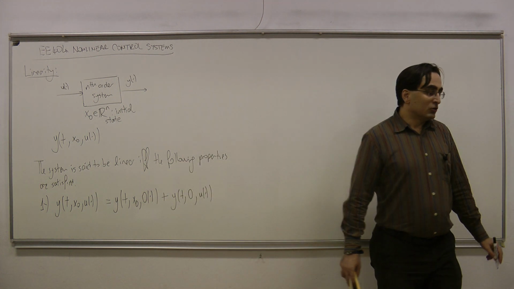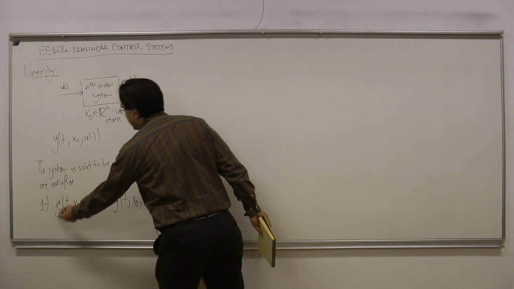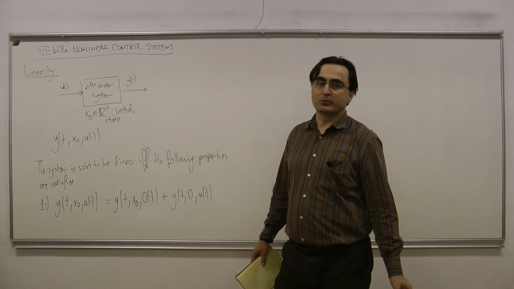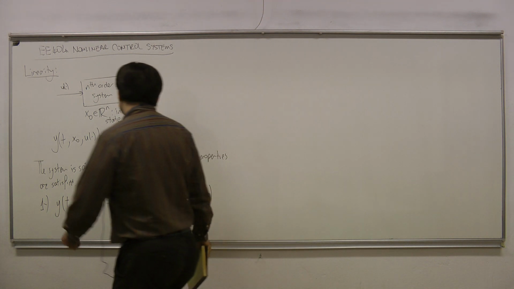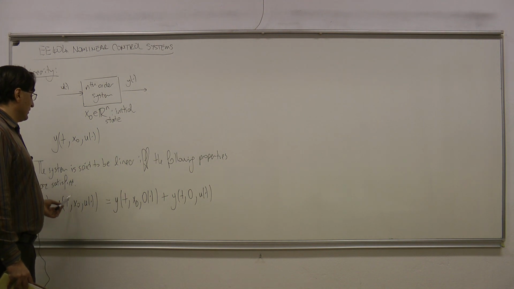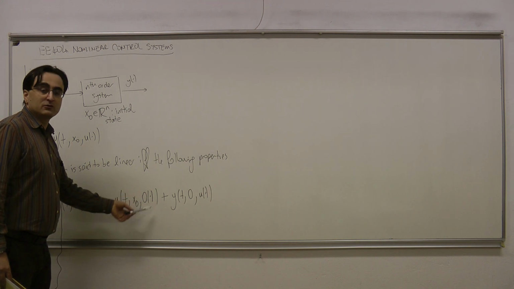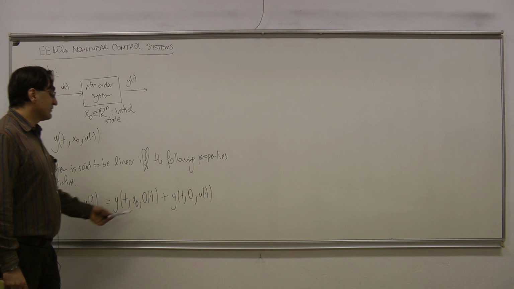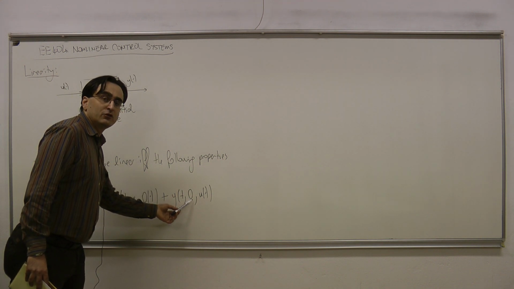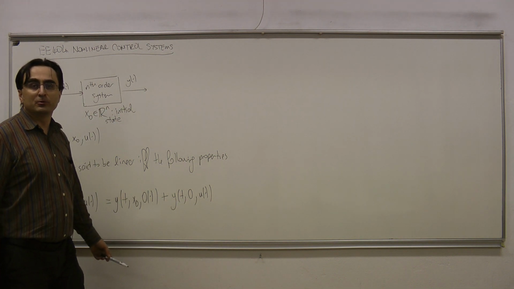So you see that I have written an arbitrary output of this function as the sum of two individual outputs. The first individual output corresponds to this initial condition and zero input. This denotes the zero function. And the second term denotes the output of the system for zero initial conditions and with the input u.